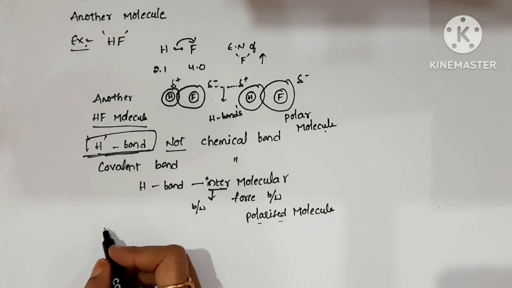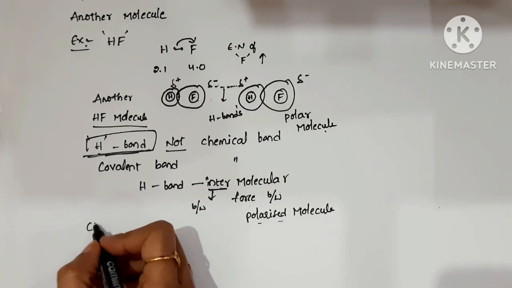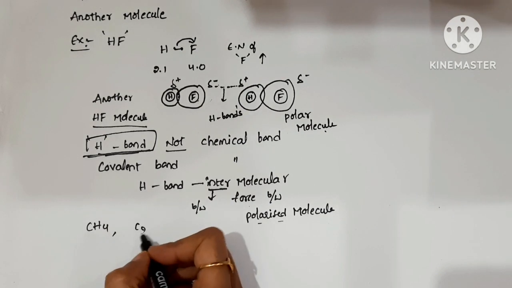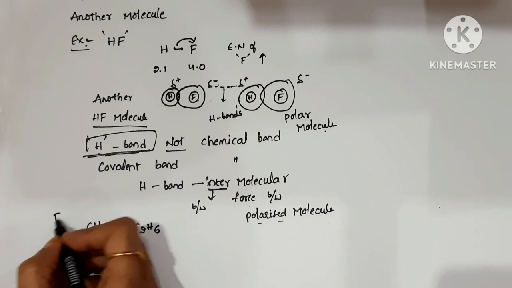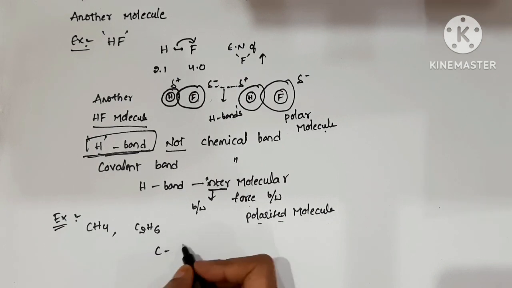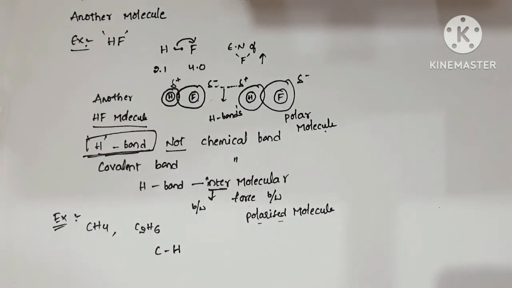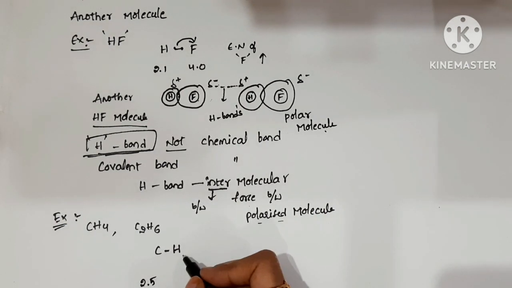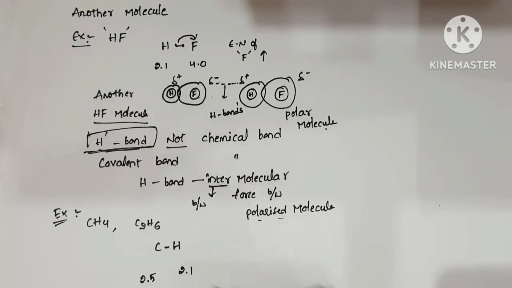Here I am taking another example, CH4 and C2H6. In the CH4 molecule, carbon and hydrogen atoms are bound together, right? The electronegativity of carbon is 2.5 and the electronegativity of hydrogen is 2.1.